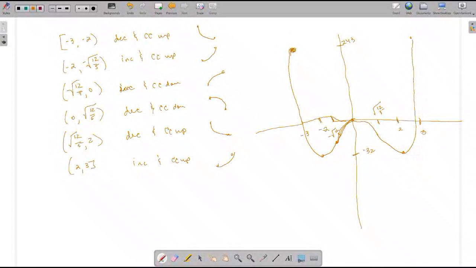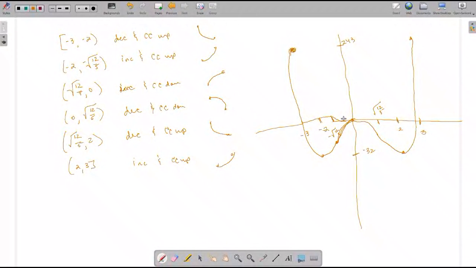So not only do I know I have this W-shaped graph, but I know how this graph twists and turns. This is something that the second derivative gives me. It allows me to determine when my graph is opening upwards versus when my graph is opening downwards.